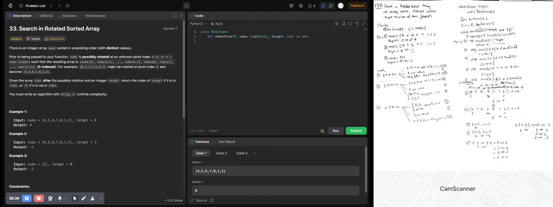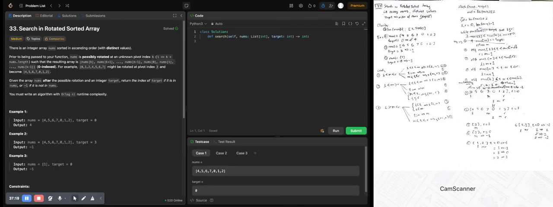The mid would be 1. Then we see that it is actually at the end the left, mid, right will meet at 0. So we just return M. Okay, so I think I will keep the first condition so that M can return.